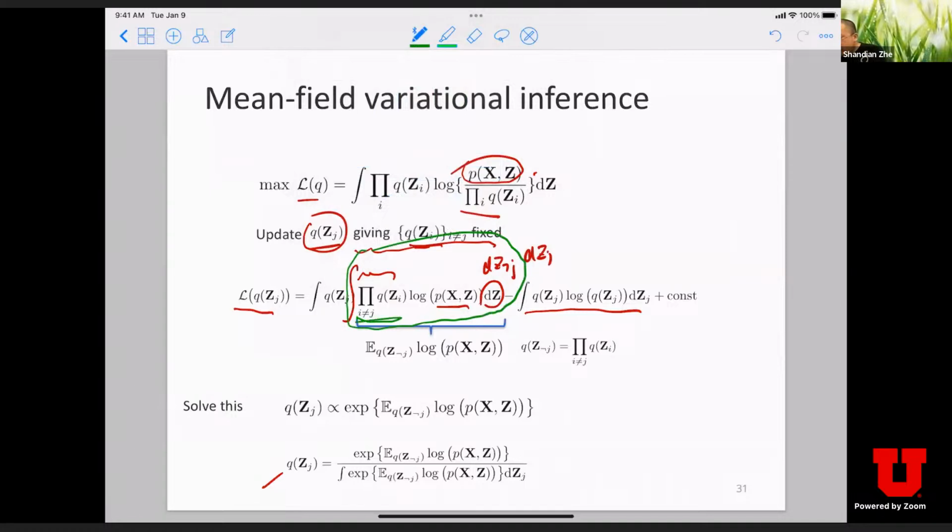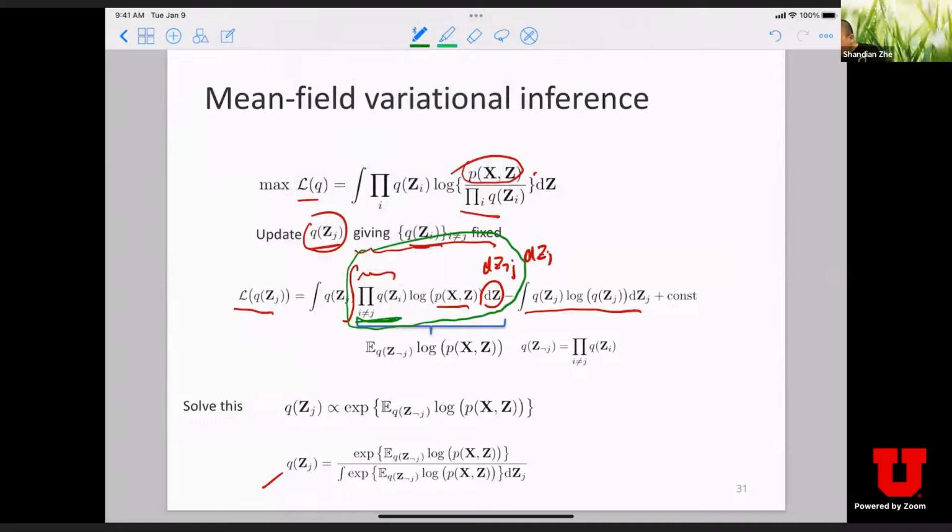This is the approximate posterior of all z variables except z_j, and you multiply it with this log joint probability and integrate out all z variables except z_j. So this is essentially an expectation of the log joint probability under part of the approximate posterior, which is only under Q(Z not j). Does it make sense? Any question?